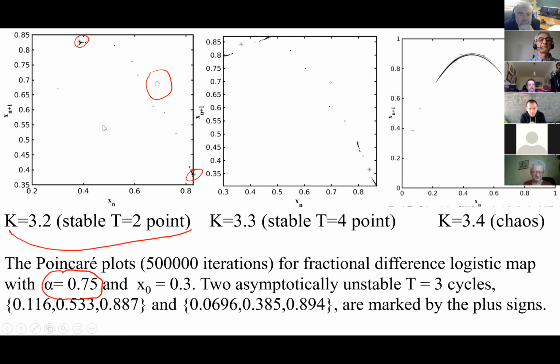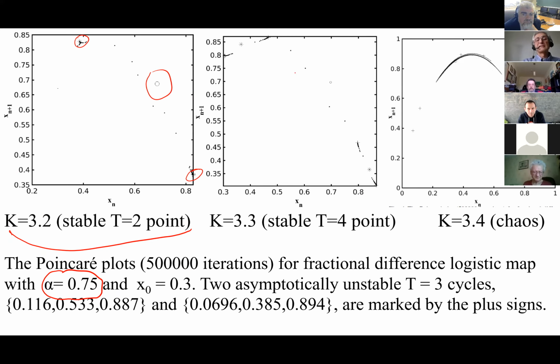And again, because the maps are with memory, return maps are not just a single curve, xn plus 1 as a function of xn, as in the regular case. Those points are not on the same simple curve.